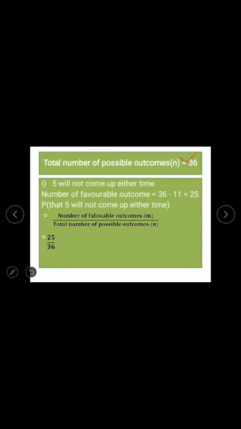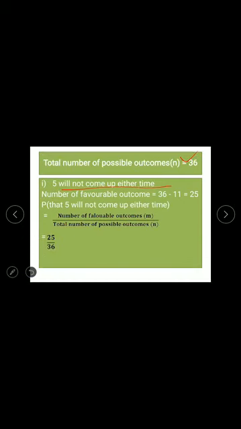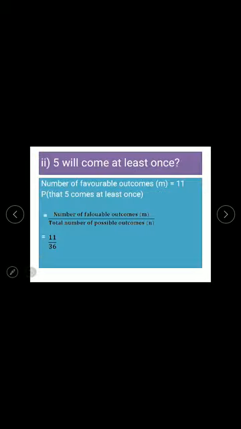So 5 will not come up on either time: 25 by 36. We cannot cancel, keep it like that. And the next one, 5 will come up at least once. The number of favorable outcomes will be 11, so 11 by 36. Clear? So it is a simple chapter only.